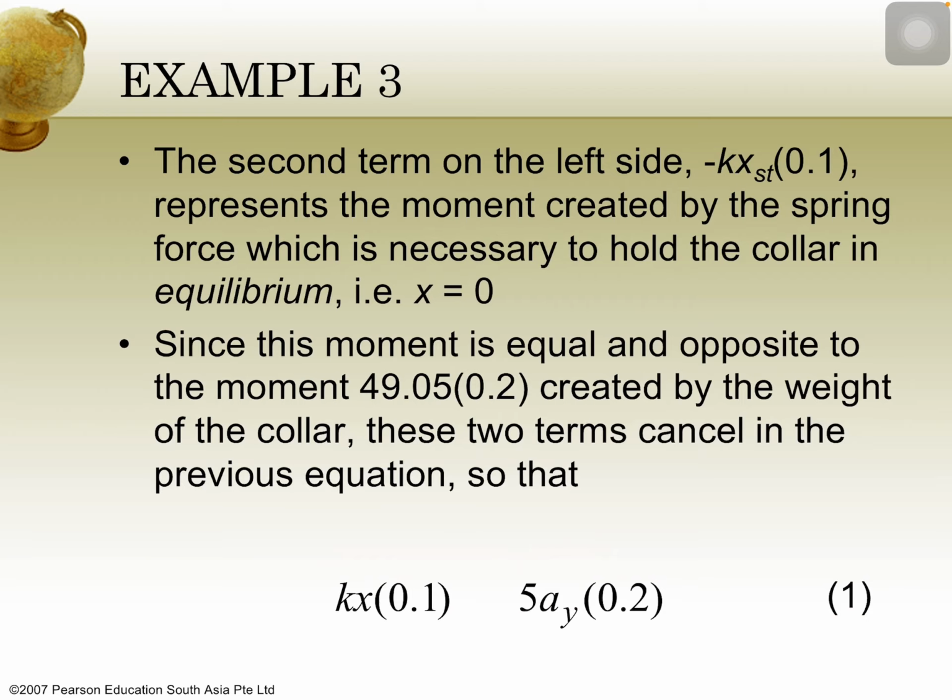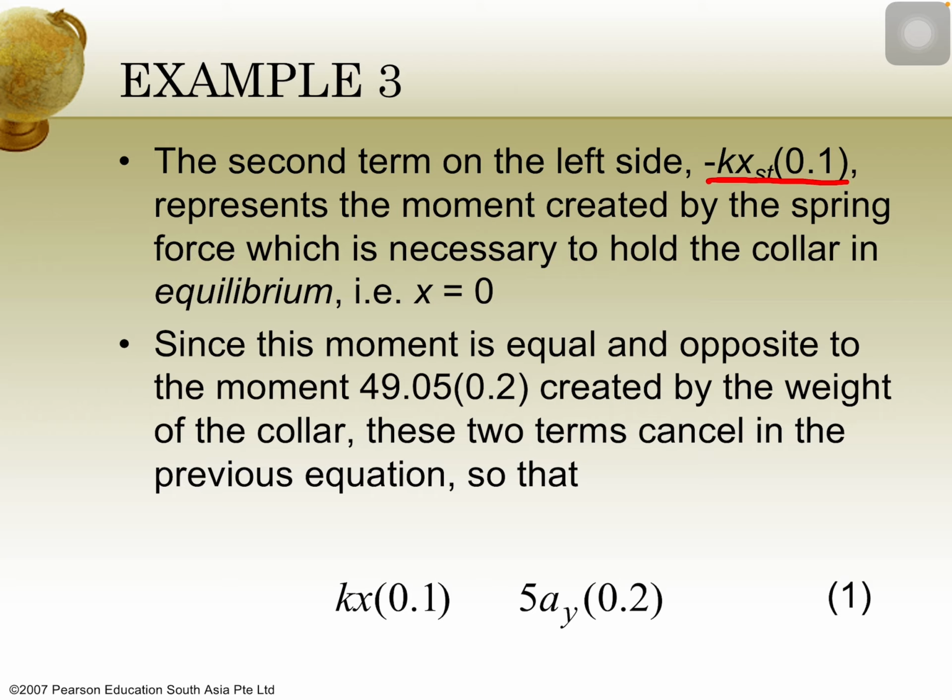The second term on the left side, which is negative k x st times 0.1, represents the moment created by the spring force which is necessary to hold the collar in equilibrium. So when we consider the weight and the compression in the spring, we can easily eliminate them, since this moment is equal and opposite to the moment created by the weight of the collar.